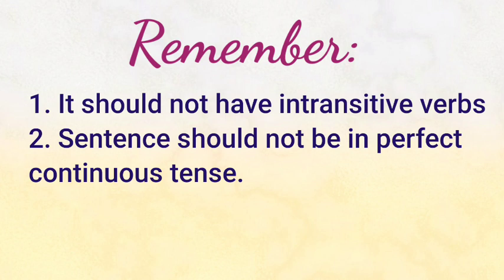Similarly, a sentence in perfect continuous tense cannot be given its passive form. For example, he has been writing a letter. Has been writing, perfect continuous tense. So in this case, we cannot convert it into passive voice. So whenever you see these two conditions, first is intransitive verb and second is perfect continuous tense, then we'll not continue with the passive voice. I hope this much is clear to you.